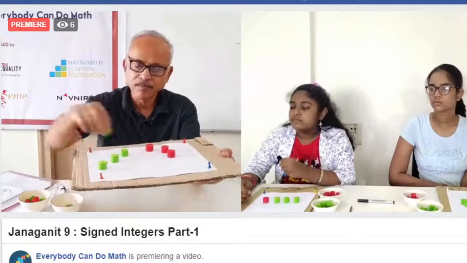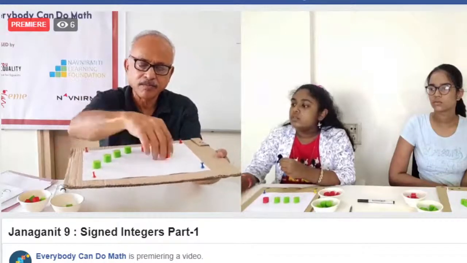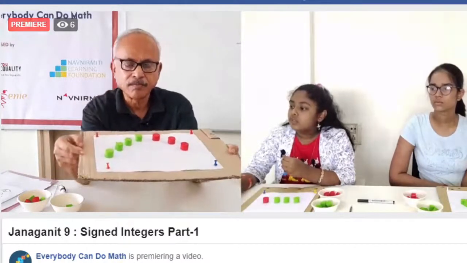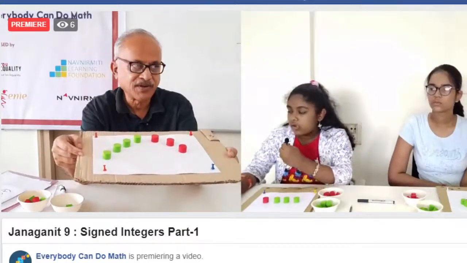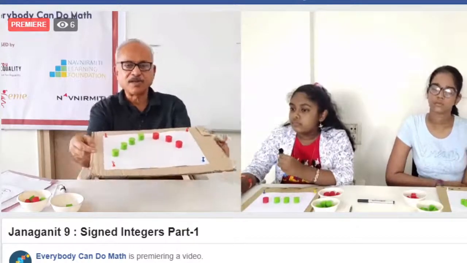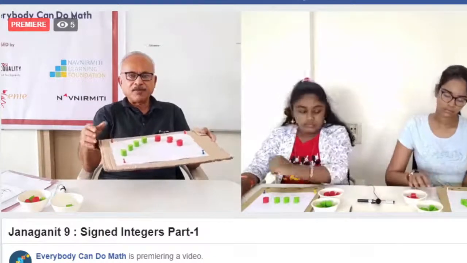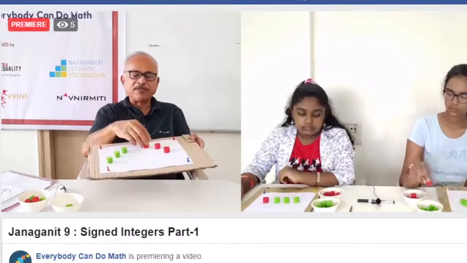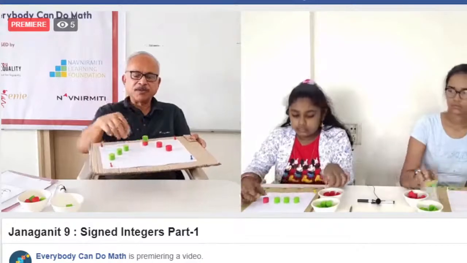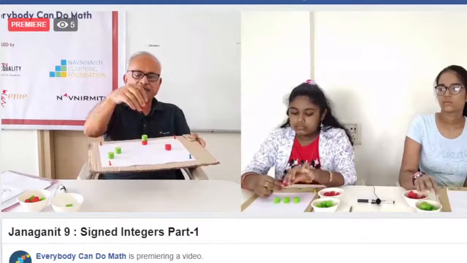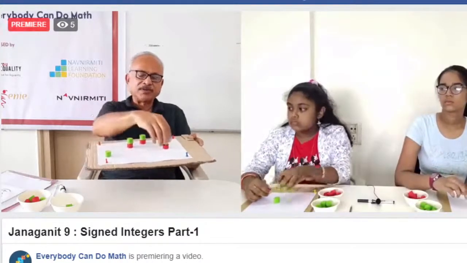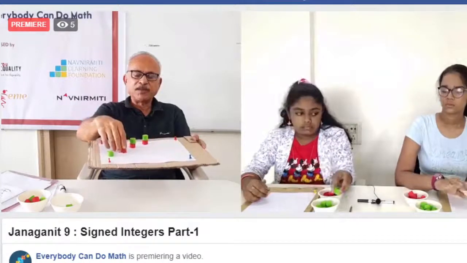Now, one positive. Okay, so we have learnt how to keep the accounts. 1 positive and 1 negative cancel to give you 0. This positive, this negative cancel to give you 0.